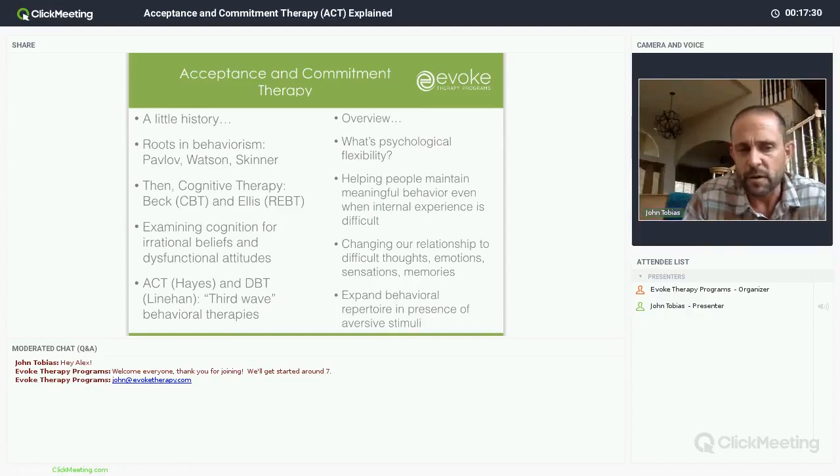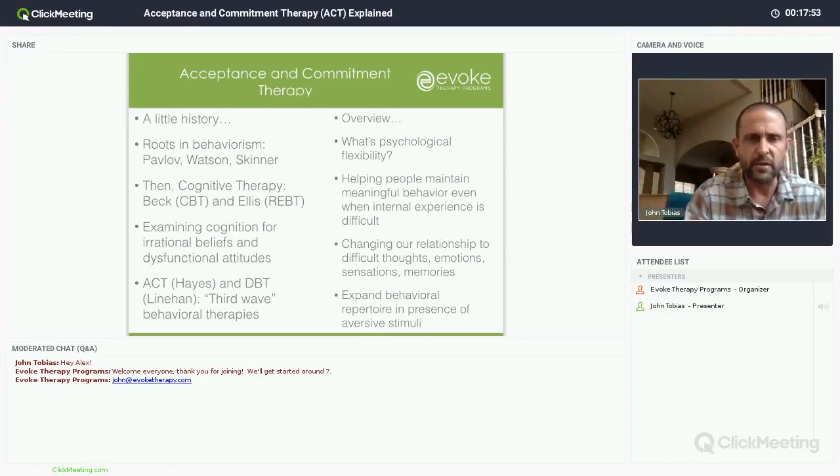And then another third wave behavioral therapy is DBT, dialectical behavioral therapy. And a woman by the name of Marsha Linehan is considered the founder of DBT. And these are both, like I said, considered third wave behavioral therapies.